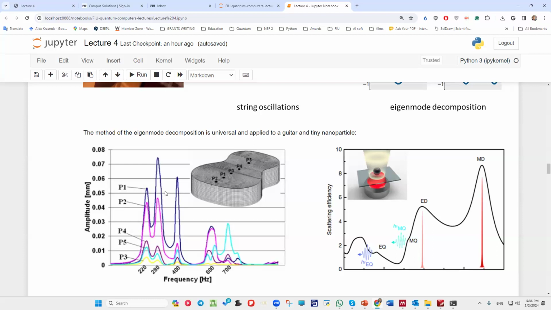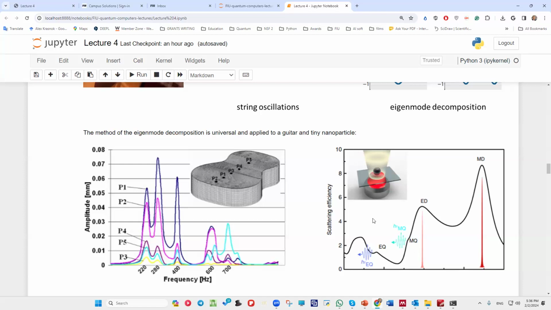Okay, so if I can define all the eigenmodes of my system, of this guitar, I can reconstruct any response of the system, of this guitar.